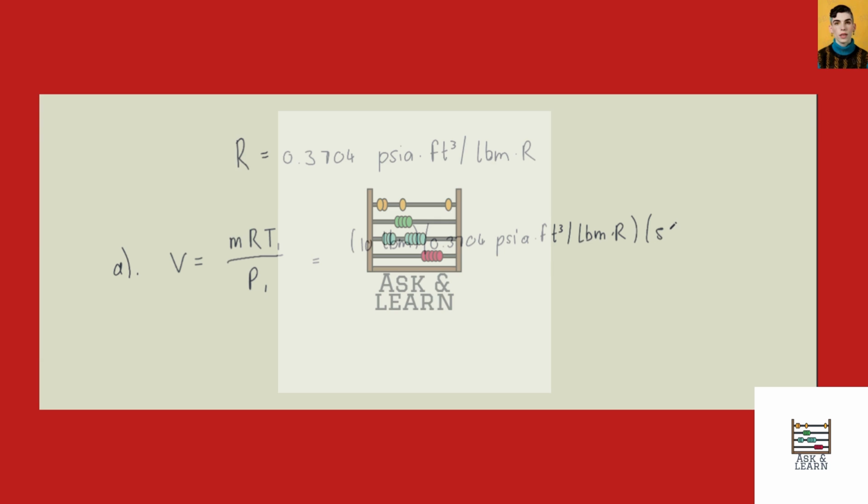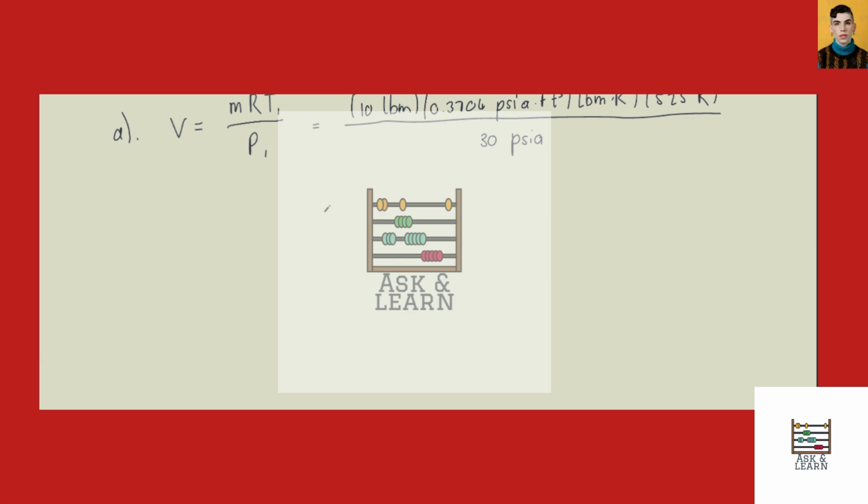The initial temperature is 525 R, and this is all over the pressure of the system in state 1, which is 30 psi absolute. And so we get the volume of the tank, V, to be 64.8 cubic feet.